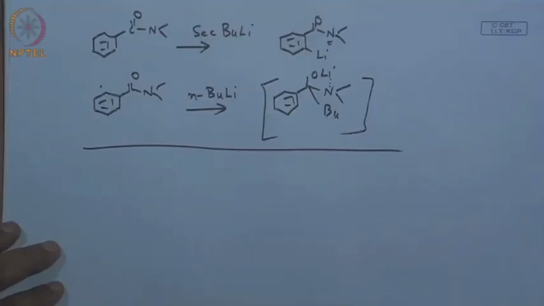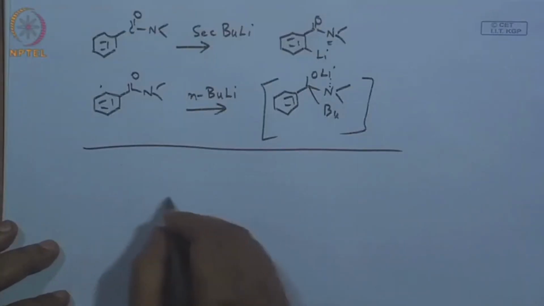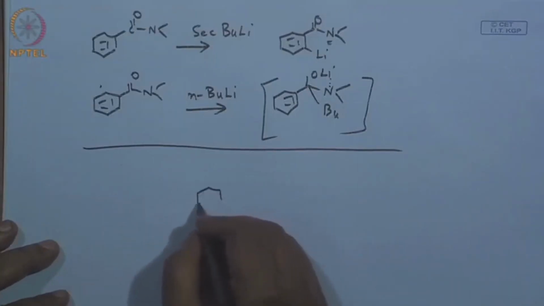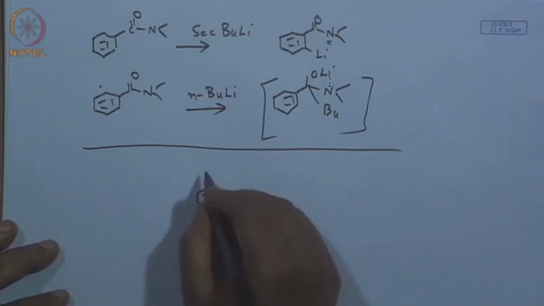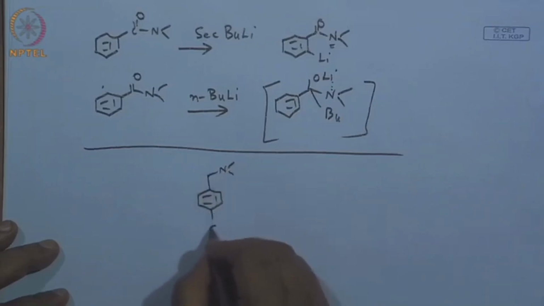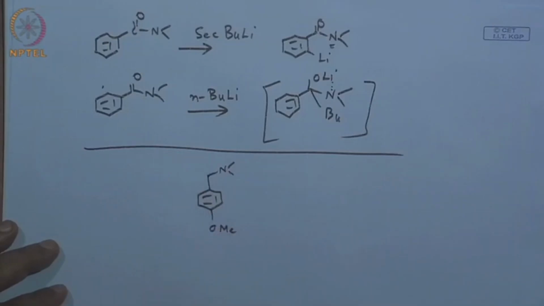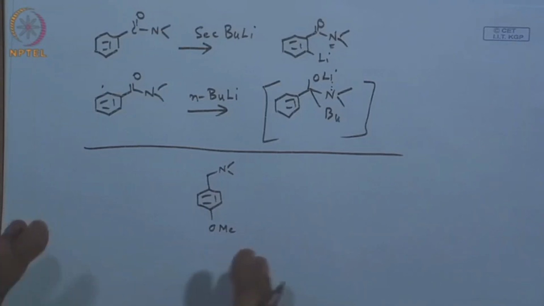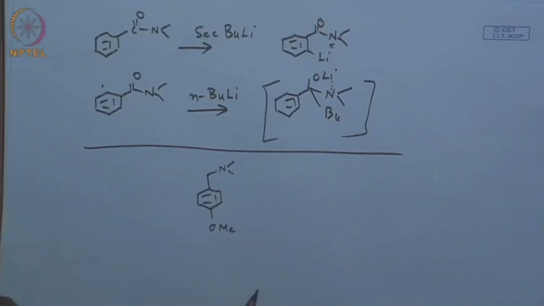From aromatic chemistry, what you will find is that if you have a differentially functionalized substrate, in one case with a nitrogen and in the other case with a methoxy here, there is also a diversity in the reactivity pattern. This is an example of that: under very similar conditions, but with a little difference, you can have different kinds of reactivity.